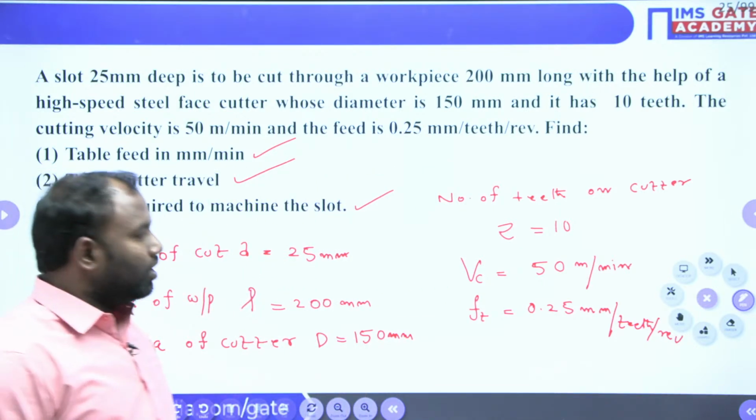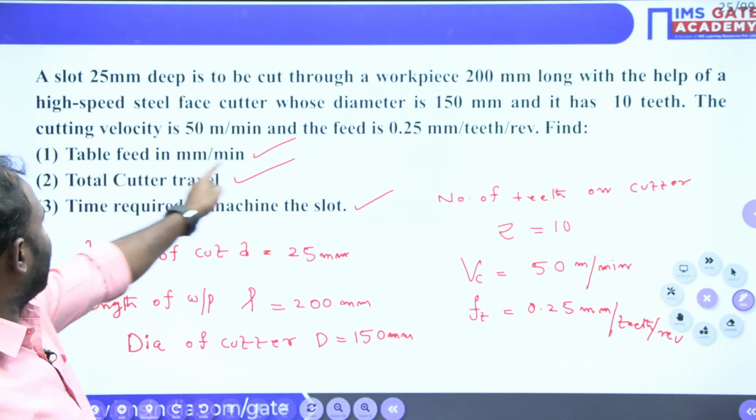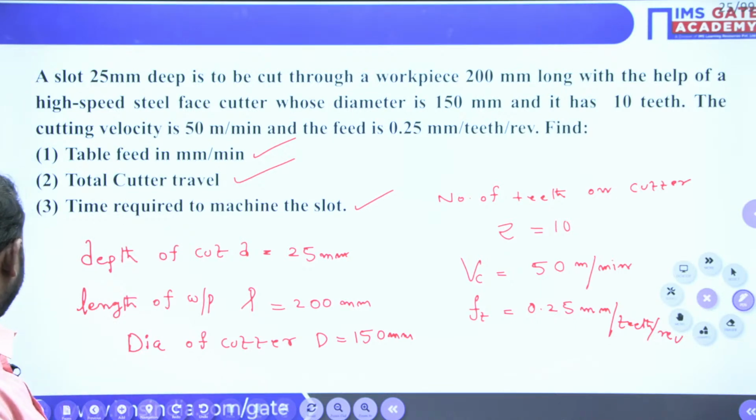Okay. Now, let us see what they ask first: the table feed in mm per minute.